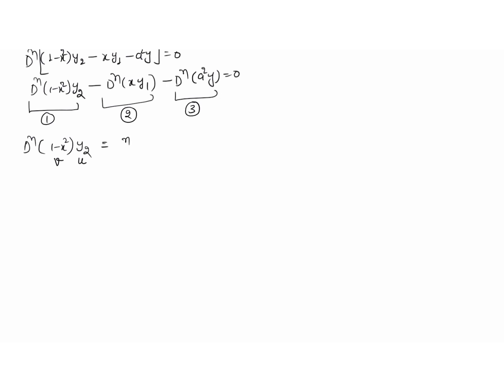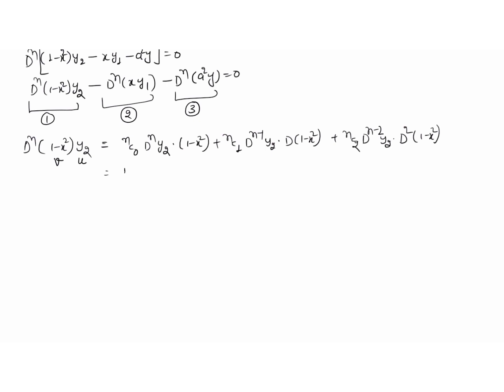It will become nC0 Dⁿ(y₂) (1 − x²), where 1 − x² remains the same, plus nC1 Dⁿ⁻¹(y₂) D(1 − x²) plus nC2 Dⁿ⁻²(y₂) D²(1 − x²). The next term will become 0, as D³ is greater than the degree of the polynomial 1 − x², so no need to write that term.